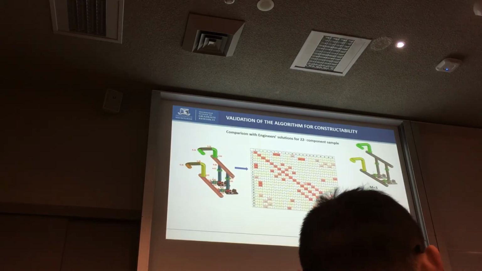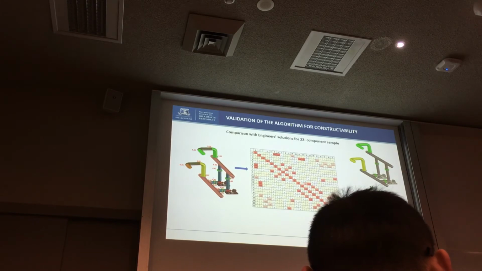So in order to validate the algorithm for constructability and also to evaluate the different optimum linkage methods for the application, a 22-component section of the plant room was selected to represent all types of assemblies and components in the study.